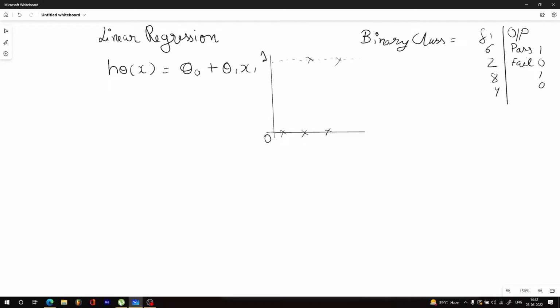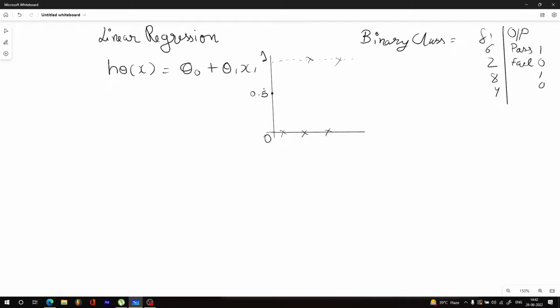But how are we going to classify this? What we can do is create, let's say, a 0.5 here. We can write it down as 0.5. Now remember this, I am talking about linear regression for now.